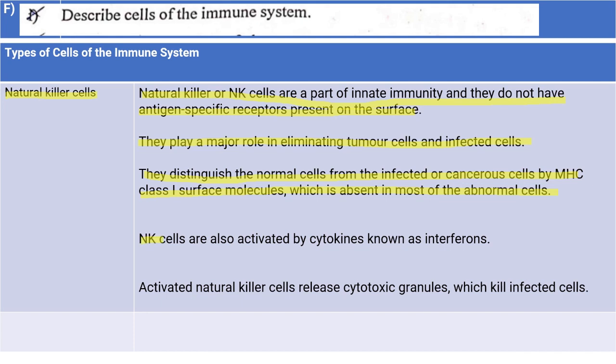These NK cells are also activated by cytokines known as interferon. This may be an MCQ: natural killer cells are activated by cytokines, that is interferon. And this activated natural killer cell releases cytotoxic granules which kill infected cells.